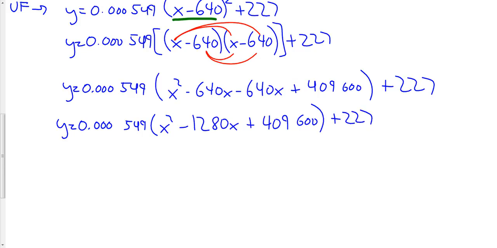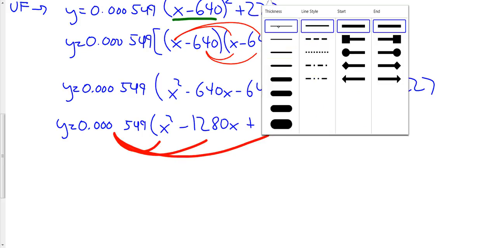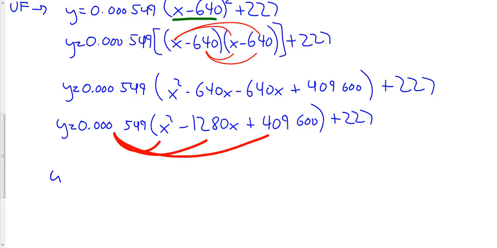Okay. So now what I need to do is multiply out my a value by everything that's inside the bracket. So this number times x squared, times negative 1280, and times positive 409,600. I'm going to go through and do that, and that's going to result in y is equal to 0.000549 x squared.